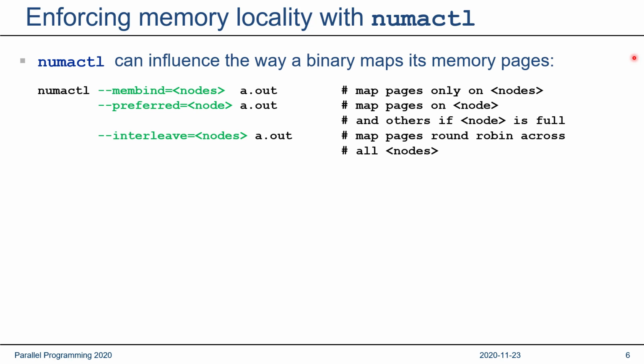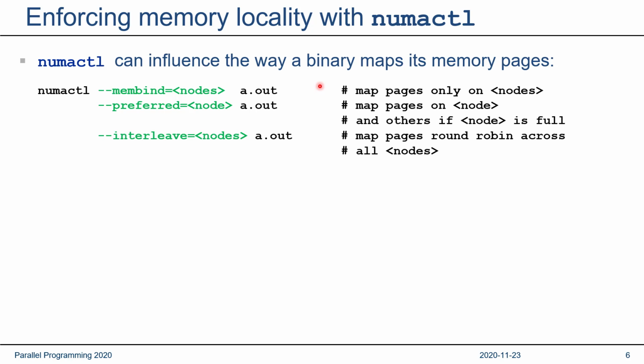NUMA control, or numactl, is part of standard Linux distributions, usually in the numactl package. NUMA control is used as a wrapper to your application. So you use it in this pattern: numactl, whatever options, a.out. And it can influence the way a binary maps its memory pages. NUMA control can actually do more than that, but this is the functionality that we're going to need here.